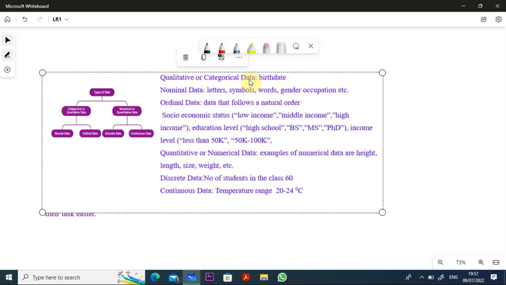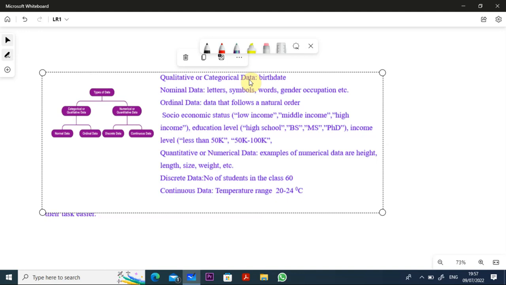The educational level can be high school, bachelor's degree, master's degree, or PhD. Coming to the income level, it can be less than 50,000, or between 50,000 and 100,000, like that. So these are the two categories of qualitative or categorical data.